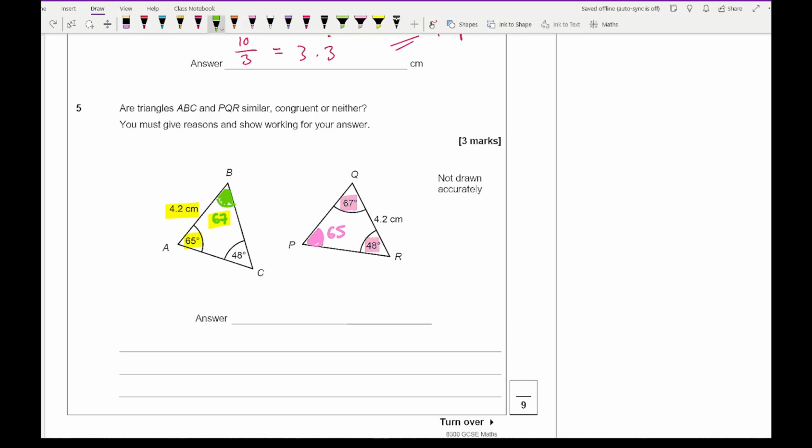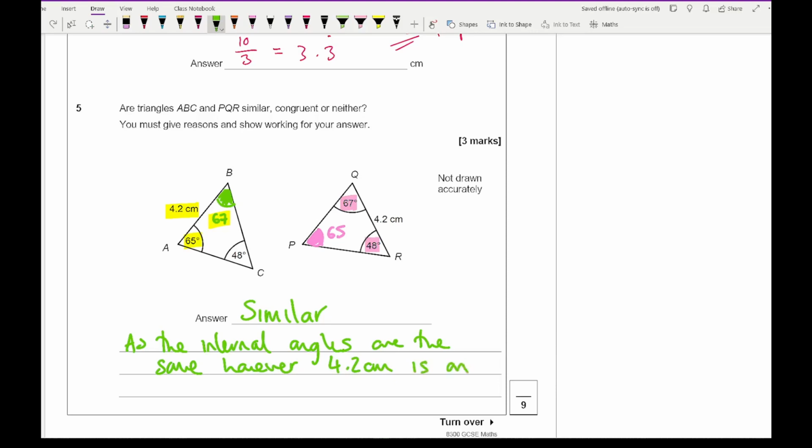So here, because all the internal angles are the same, they are similar. However, 4.2 centimeters is on different sides. Now in order for them to be congruent, the 4.2 side needed to have been on this side here.